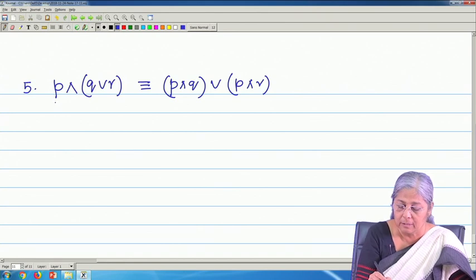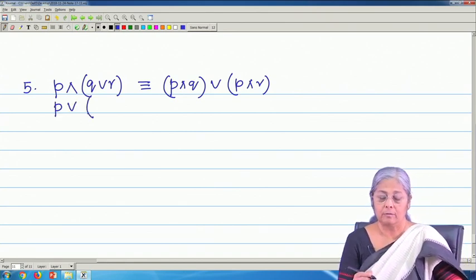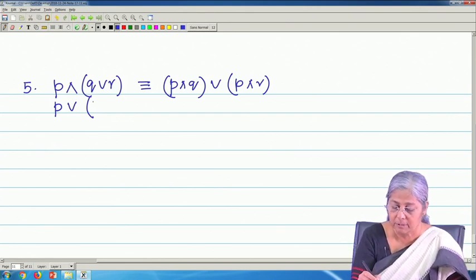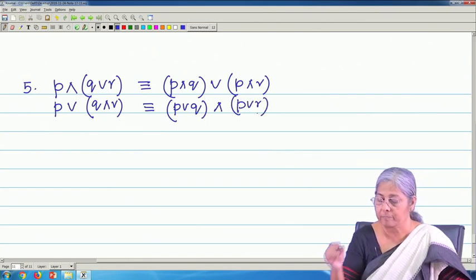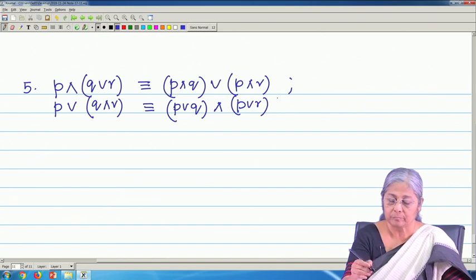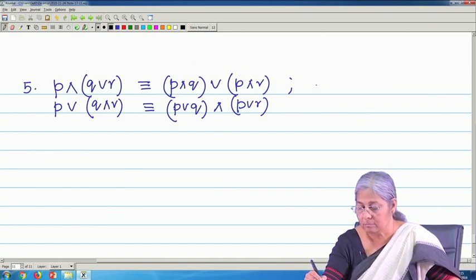Similarly, if we replace and by or and vice versa, then I get (P or Q) and (P or R). So, these are my distributive laws.